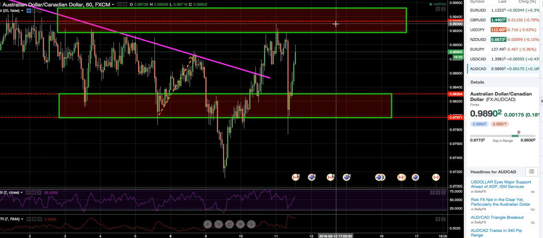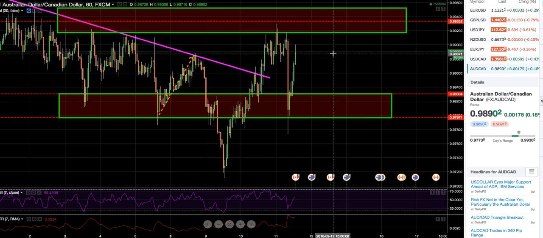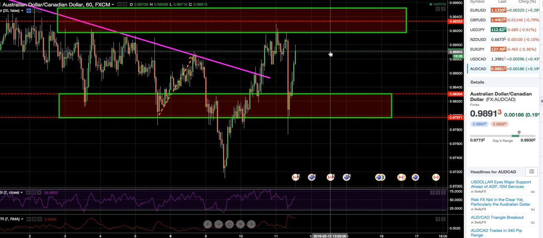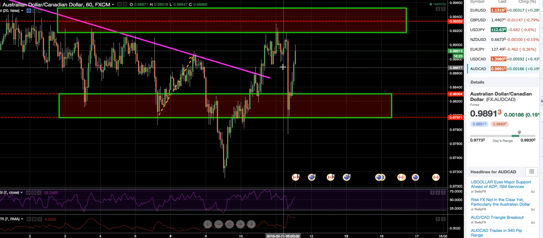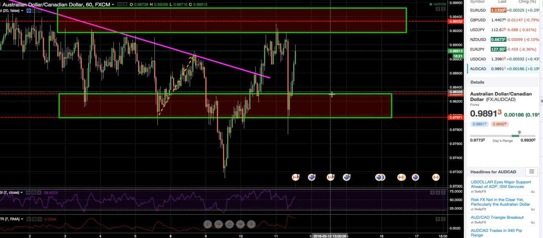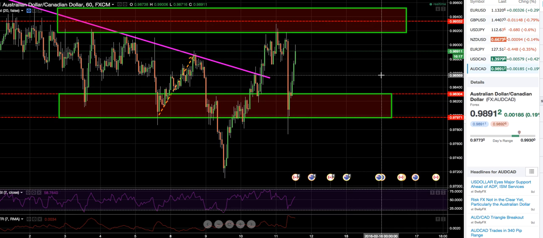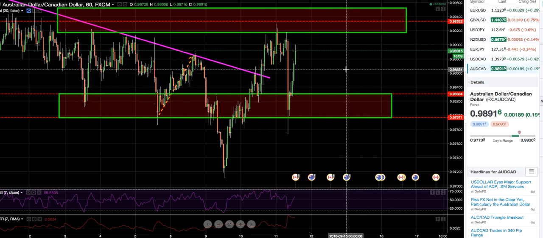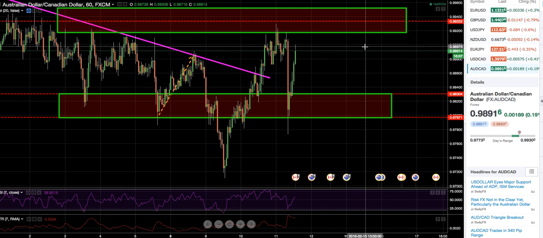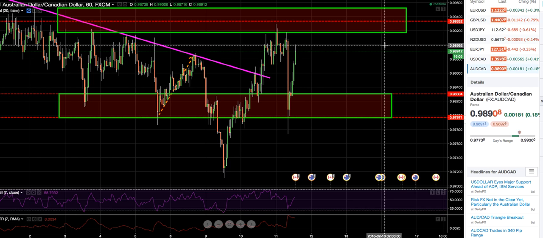We could be setting up for a Gartley pattern, but we're so far away that I won't even be recognizing that. But on the Aussie CAD, we have these two levels. I'm always going to keep this thing short, but I never seem to be able to. But these are the levels I would be looking out for on the Aussie CAD.